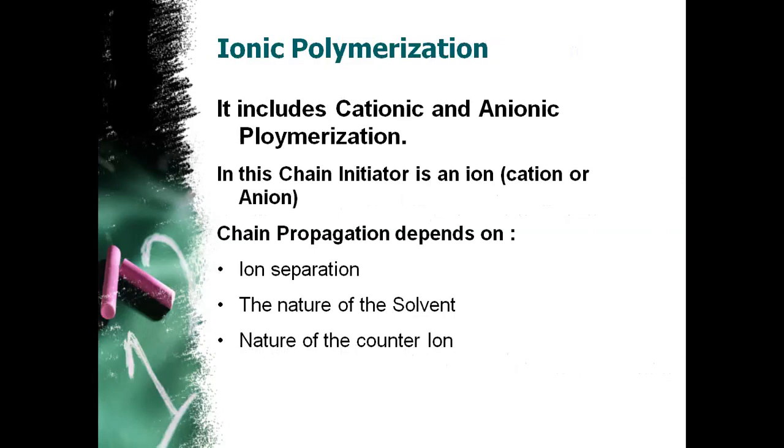Let's now come to ionic polymerization. Ionic polymerization includes cationic and anionic polymerization.